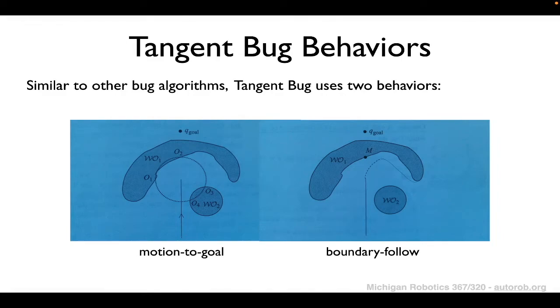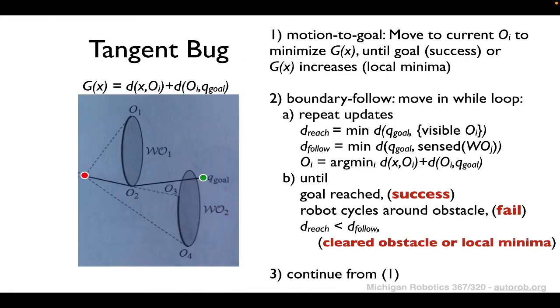The pseudocode for the tangent bug algorithm is shown on this next slide. At a high level, the two types of motion and behavior that the algorithm will follow are broken into pseudocode line number 1 and line number 2. When the algorithm is in the motion to goal behavior, which is what it will start in, the action taken is a move towards the current obstacle extent that minimizes the heuristic function g.